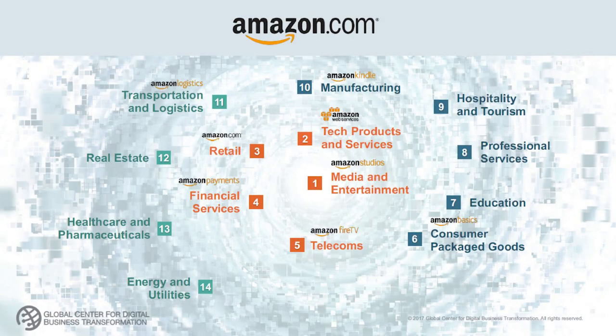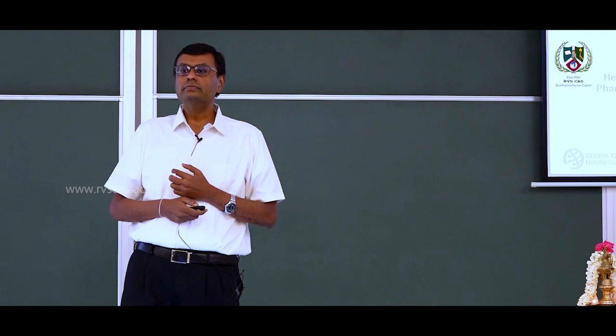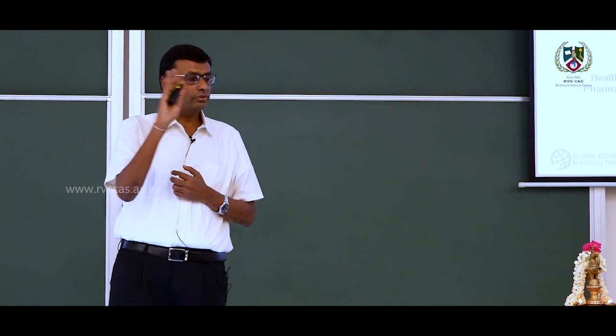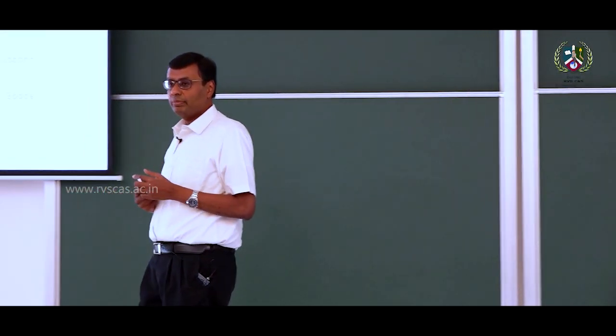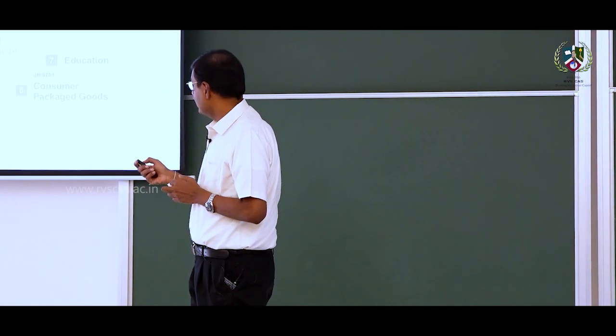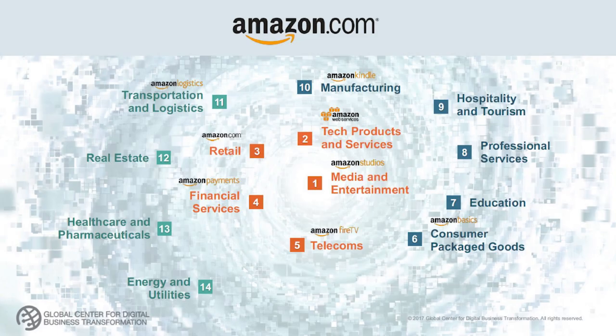Next, this is Amazon.com. How many of you have purchased from Amazon.com? Okay, so all of you. Another big change is happening in the world right now. So here we clearly delineated different industries.